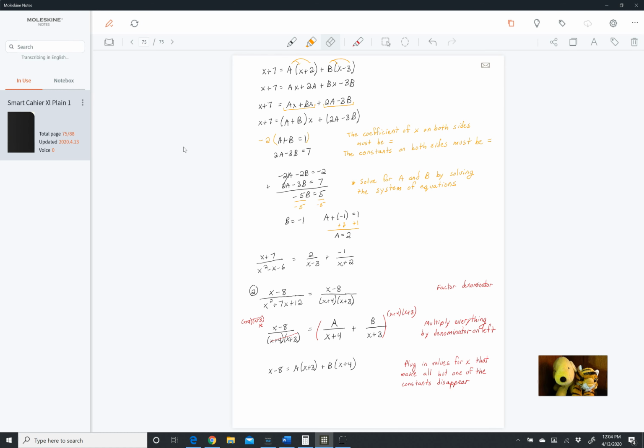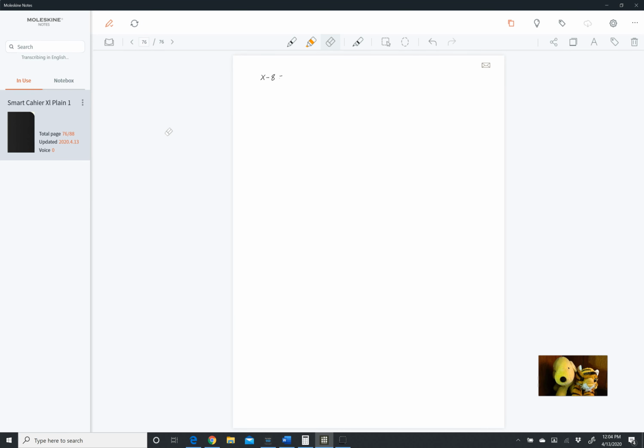We can do this using both methods again, just so that you get familiar with it. So we have x minus 8 equals a times (x plus 3) plus b times (x plus 4).